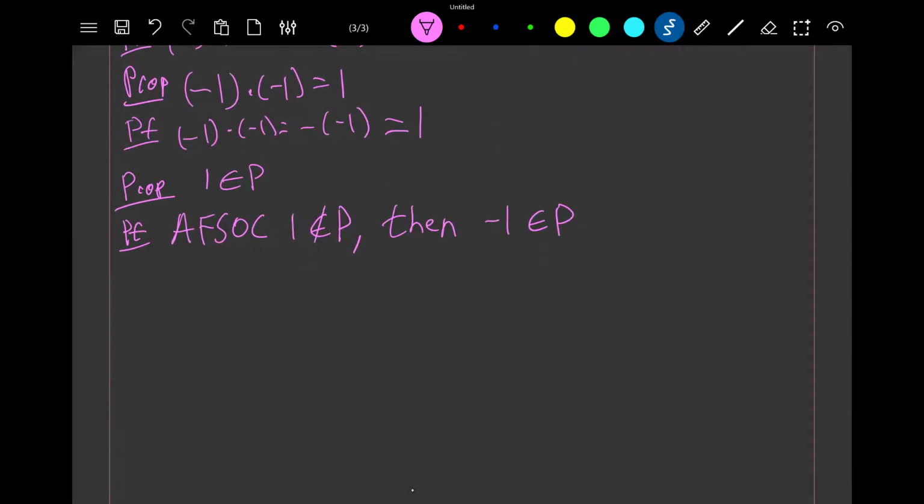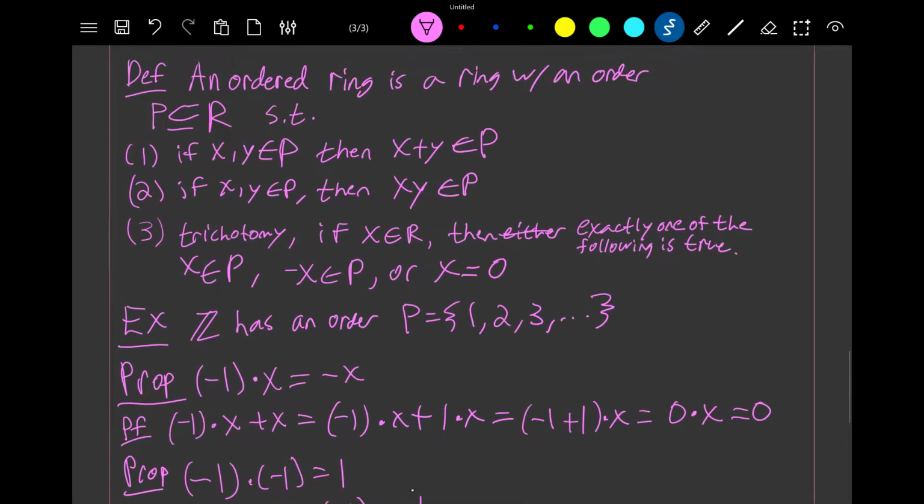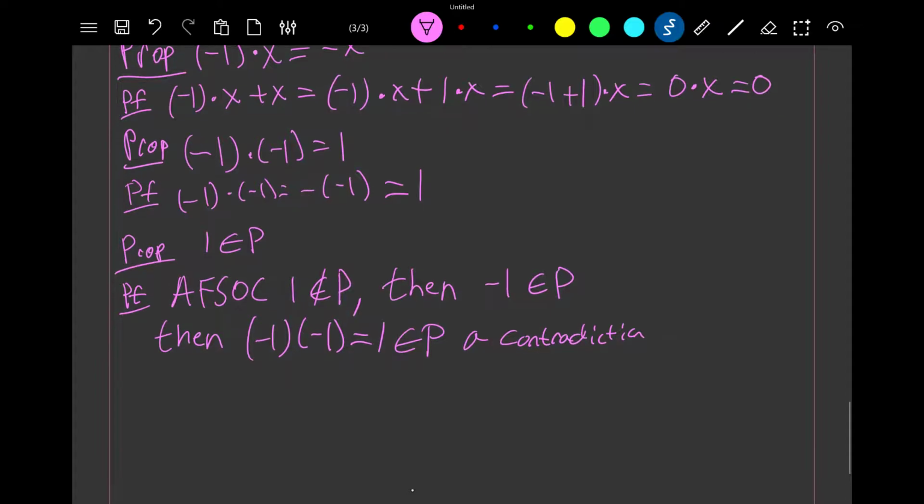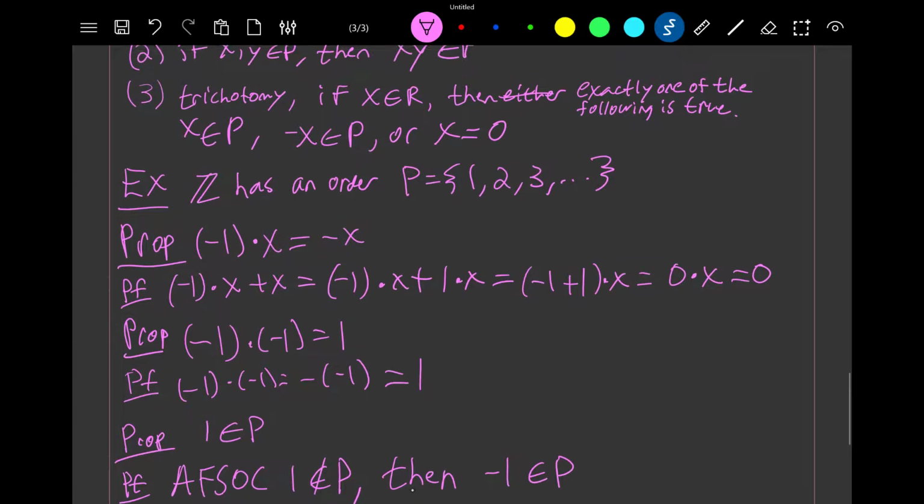Then -1 times -1, which is equal to 1, is in P, a contradiction. And we're just using this fact here, that if you multiply two positives, it's positive. And we proved -1 times -1 is equal to 1. So this tells us 1 must be a positive number.